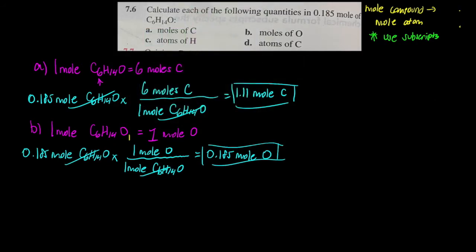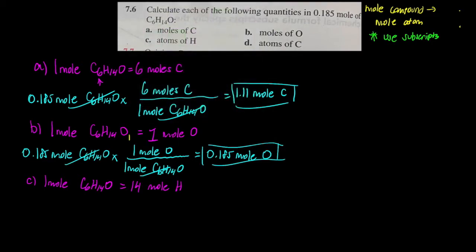How about for C? We're interested in hydrogen. Now we have this crazy formula, C6H14O, and there's a subscript of 14 for the hydrogen. That's huge. It's a big number, right? So there's 14 moles of H per 1 mole of that.